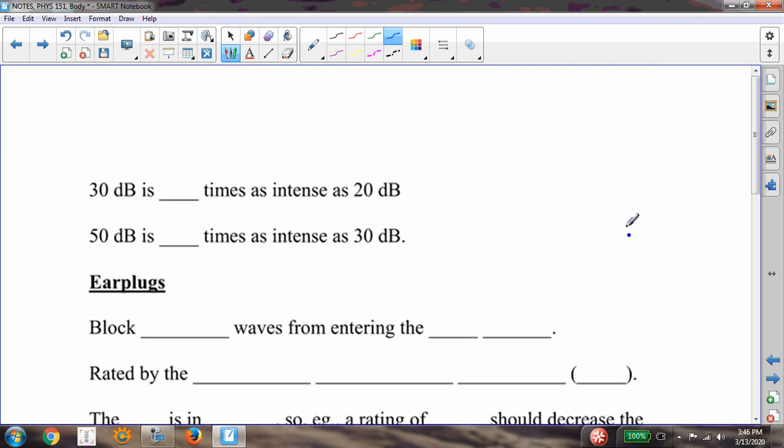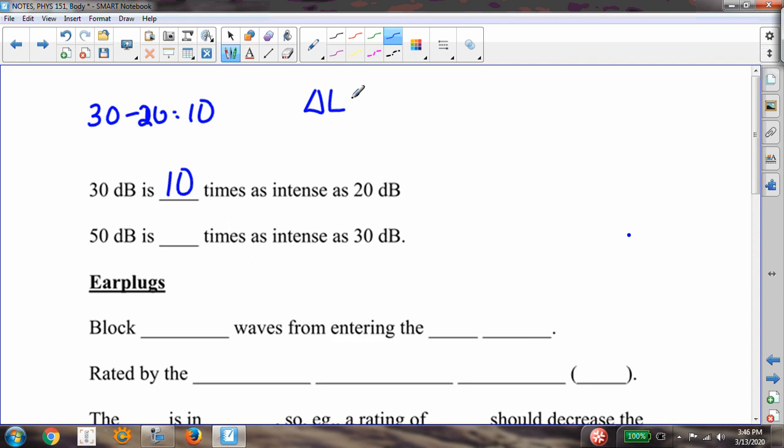So for example, 30 decibels is how many times as intense as 20 decibels? Well, 30 minus 20 is equal to 10. So that is an increase of 10 decibels, so it is 10 times as intense, just like we had before. But what if I have 50 decibels, how many times as intense as 30 decibels?